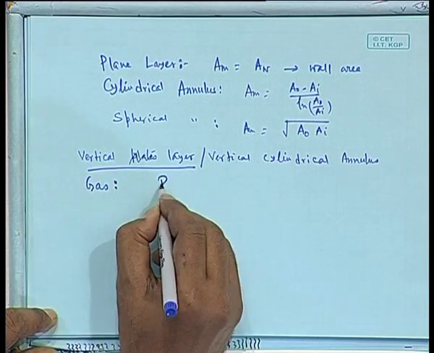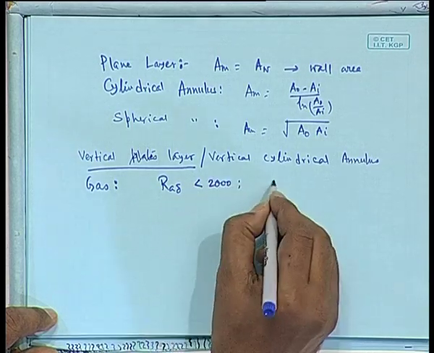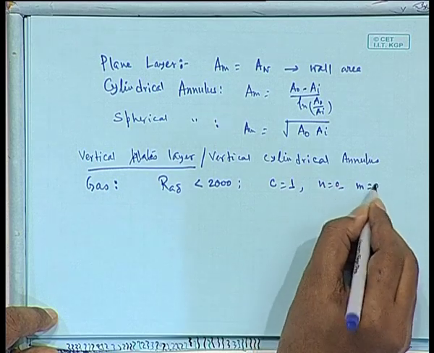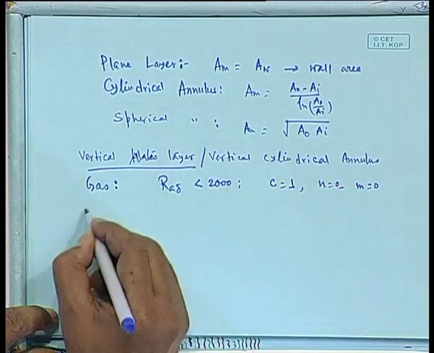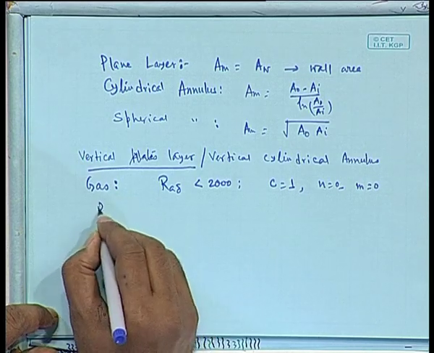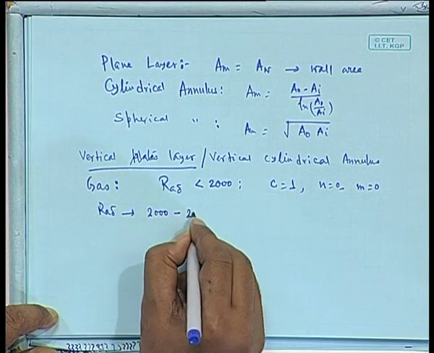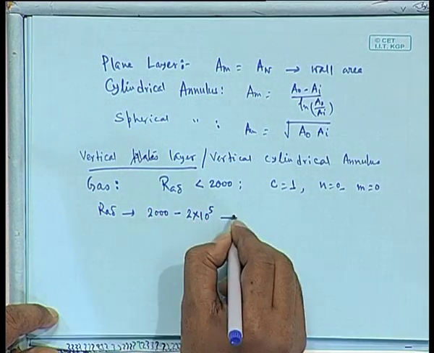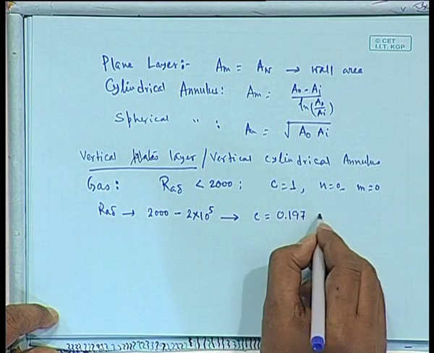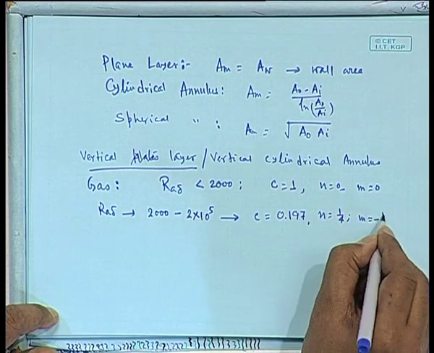For the gas, Rayleigh number less than 2000, C is equal to 1, N equal to 0, M equal to 0 in your previous calculations. For Rayleigh number within the range of 2000 to 2 into 10 to the power 5, your C will assume a value 0.197, N equal to 1 by 4, M equal to minus 1 by 9.